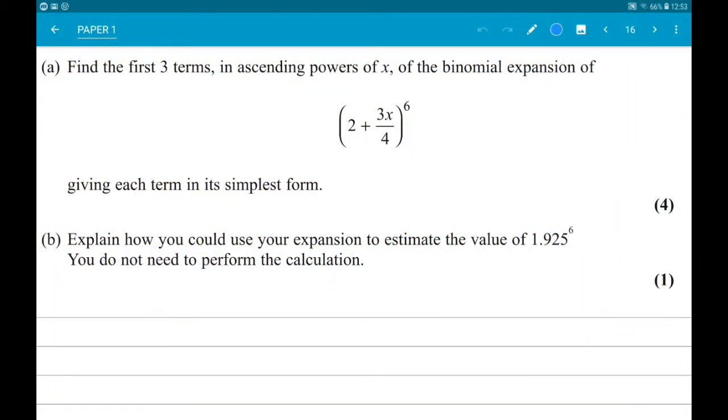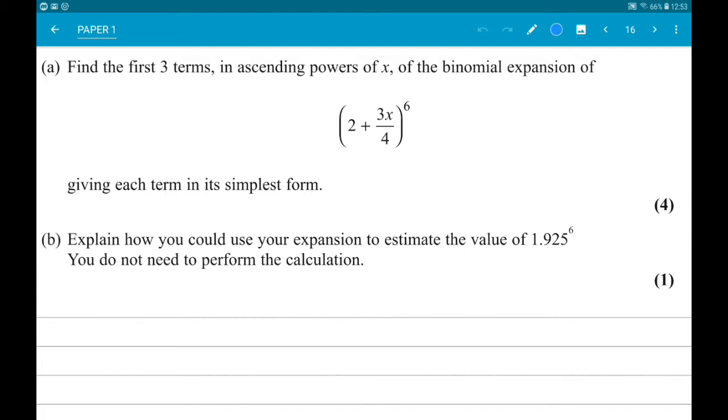Okay, number 8. Find the first three terms in ascending powers of x in the binomial expansion of (2 + 3x/4)^6, simplifying the terms.